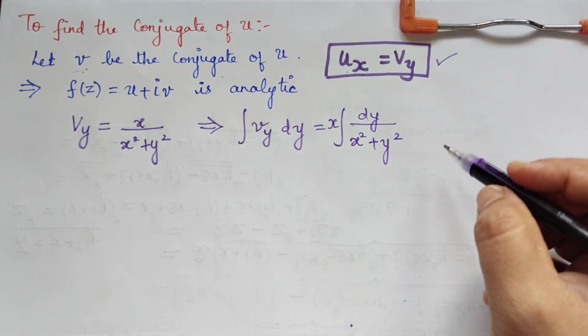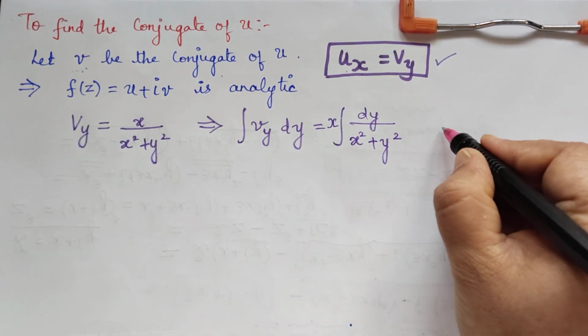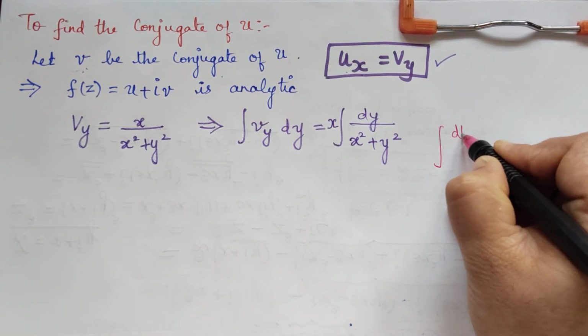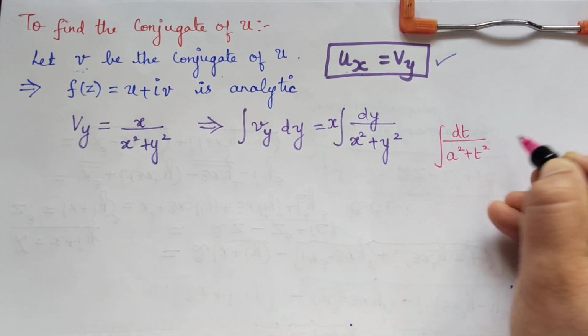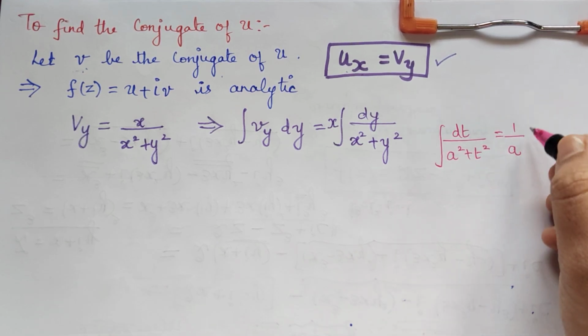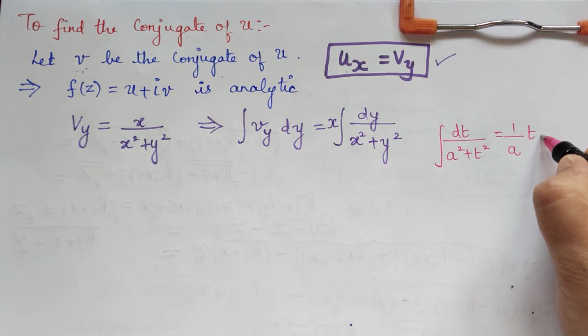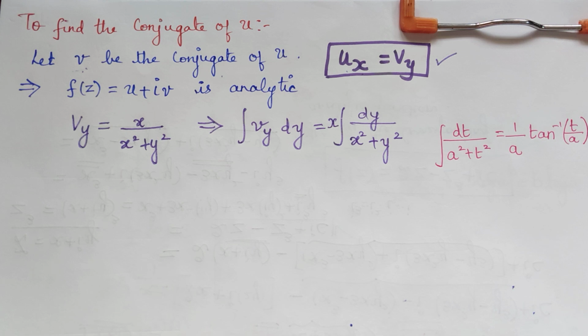Now by the formula of integration, we know that integral of dt by a square plus t square is given by 1 by a, that is the constant, then tan inverse of t by a. So from the formula of integration, we know this.